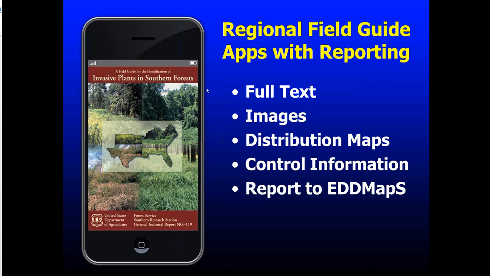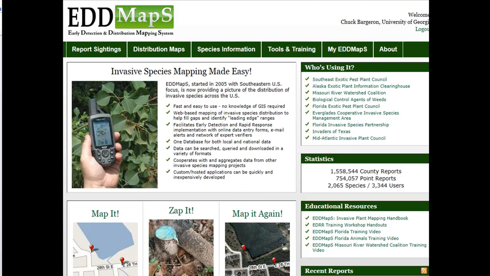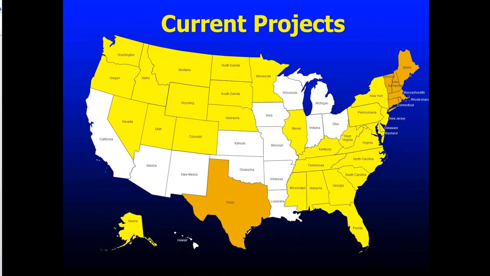The next one that we're working on developing is to take a more detailed field guide with multiple pictures and turn it into an app of invasive plants of southern forests. That's currently under development, and it's also going to include the reporting functionality, but have a lot more detailed field guide applications. So that's the reporting side of EDDMapS.